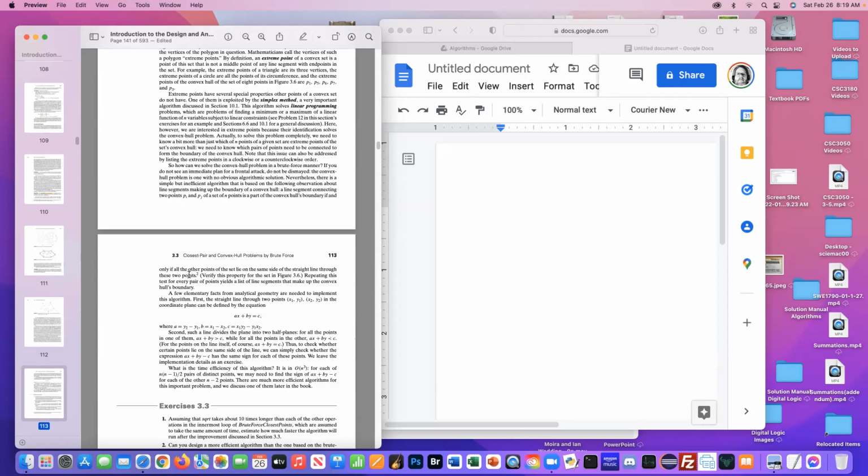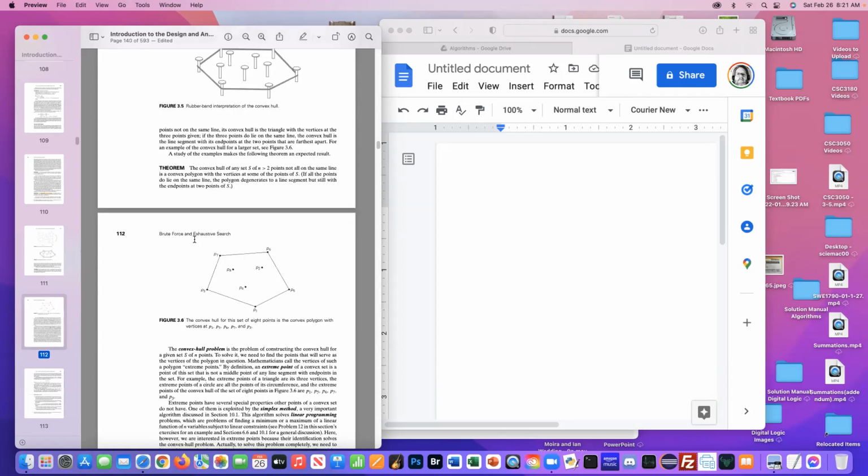We're going to draw a line between two points and see if all the other points lie on the same side of that line. If we go back up to our example, if we draw a line through P7 and P2, is it true that all points are on the same side of this line?